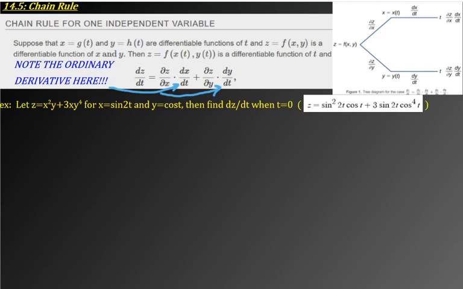So this is how we could use it. You could have some function z down here, and then x and y are parametrically defined. And if I ask you what is dz dt when t equals 0, first you might want to input all of this if you wanted to.